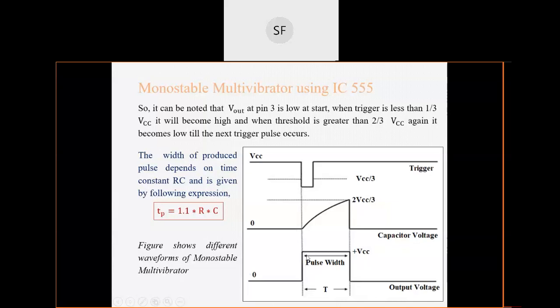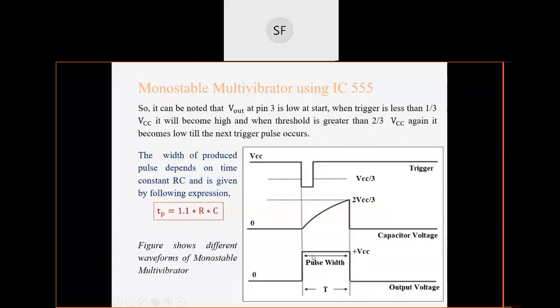And then for some period of time it will remain on high state, and that particular time is given by this formula, this is nothing but pulse width. So the formula for pulse width will be 1.1 into R into C. Again इसका derivation है, but we are not going for the derivation, so just remember this formula.